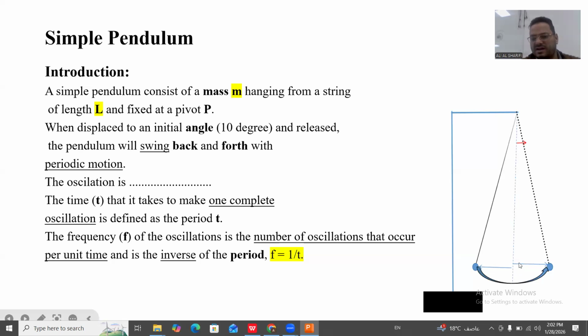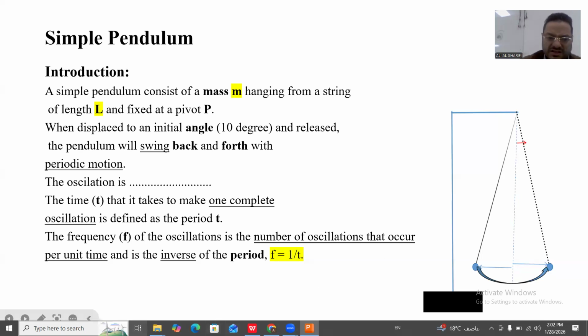I will calculate the time for 10 oscillations, and after that divide it by 10 to get better results. That's according to the precision. We'll do that 2 times and take the average, divided by 10, to reach the time for one oscillation. I will explain all that in the next slides by using a column.